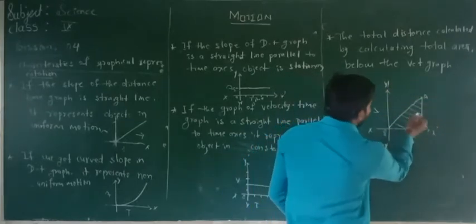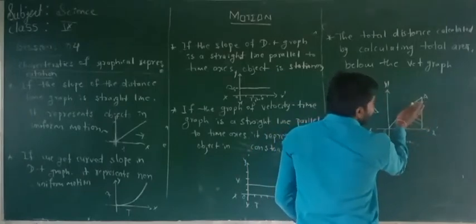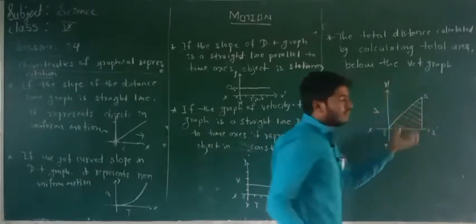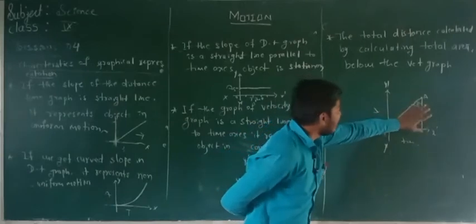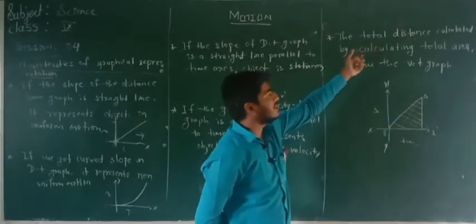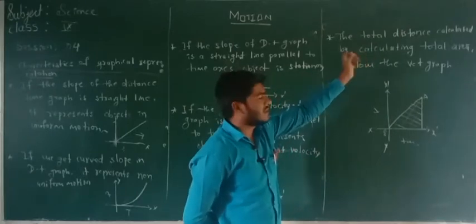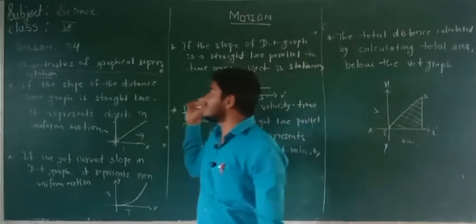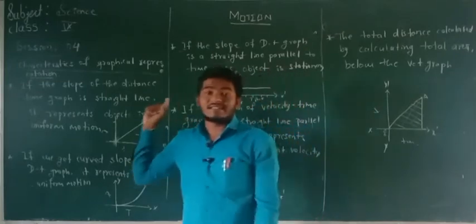If we calculate the area below the slope, we get the total distance covered by the object. These are the characteristics of the velocity-time graph and also the distance-time graph.